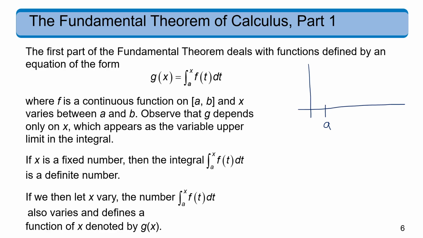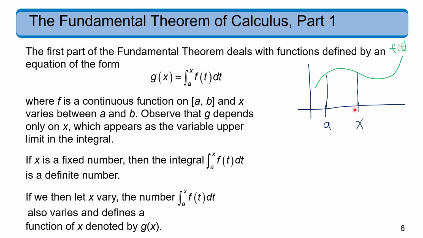This is our f of t. Now the fact that the right endpoint is variable means we can choose it to be anything we want. So if I chose x to be here, then the integral shown there would be this area below the curve over that interval I sketched right here.